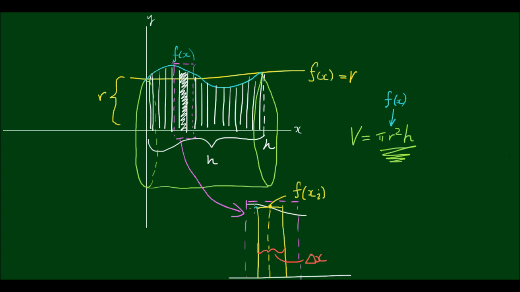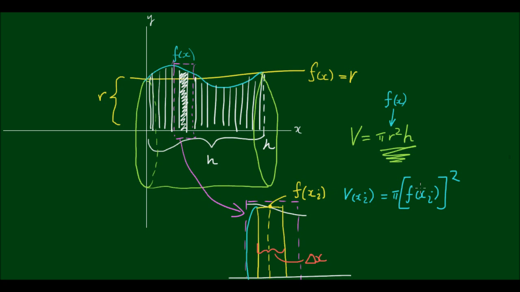So if I was to revolve this strip around the x-axis, this particular strip would have a volume of, so v of xi of the ith strip is equal to pi times f of xi squared, or let me write that clearer.